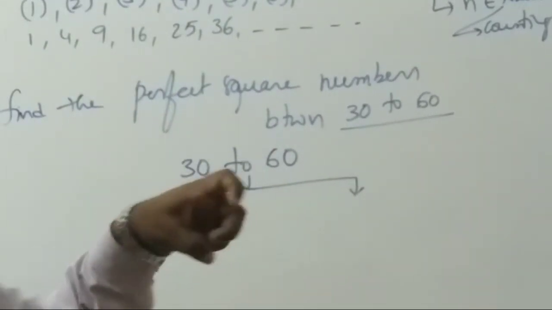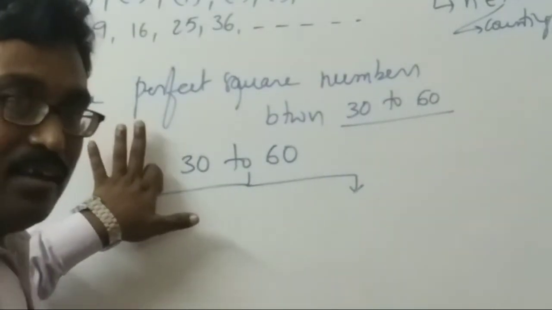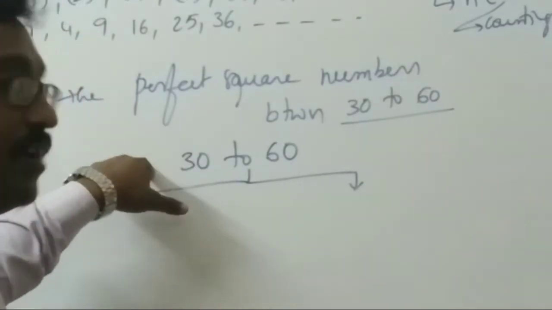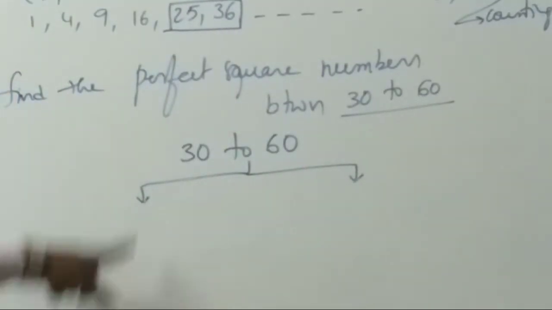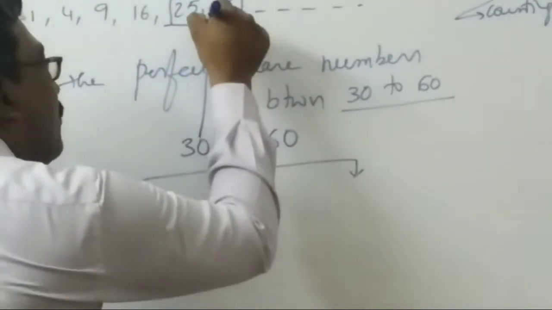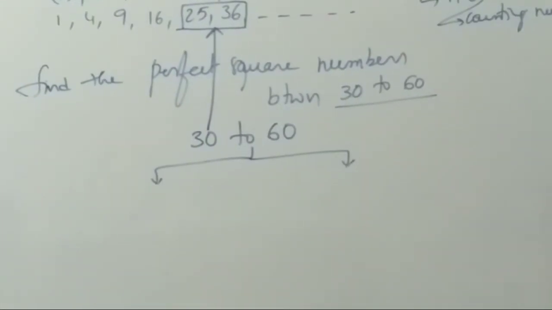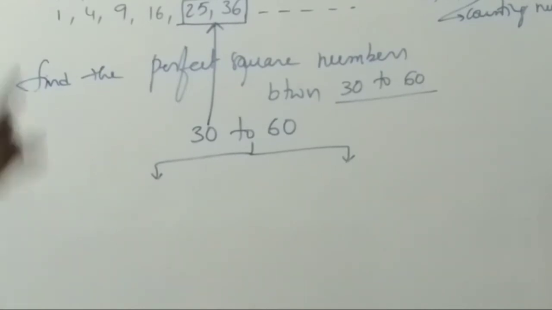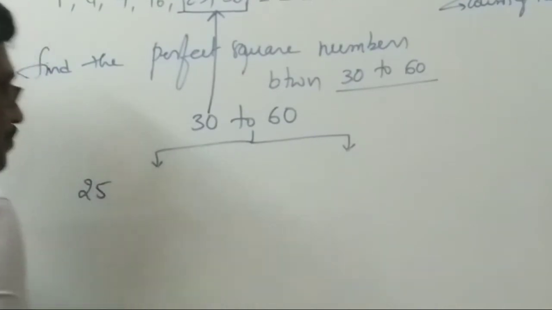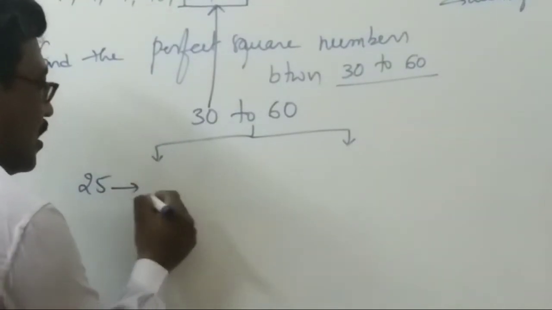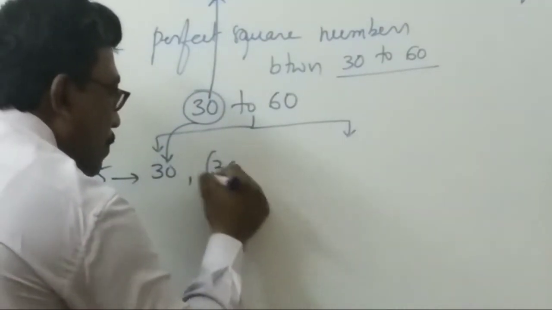What is the nearest perfect square to 30? 30 lies between 25 and 36. After 25, what number will come? 36 is a perfect square.